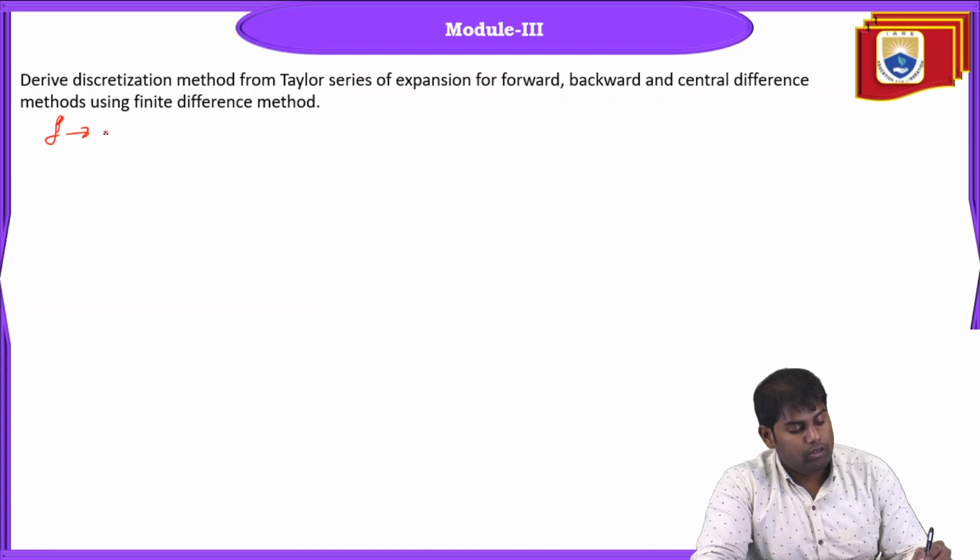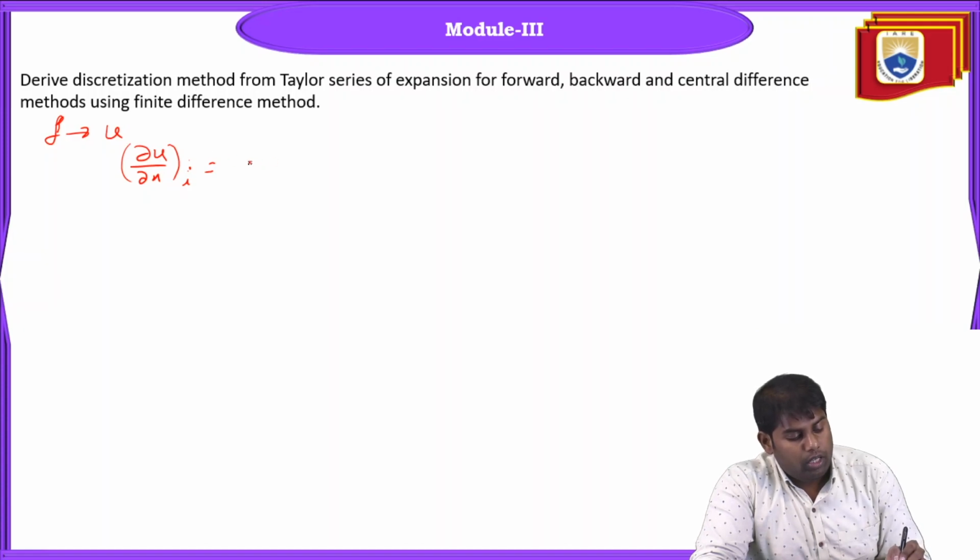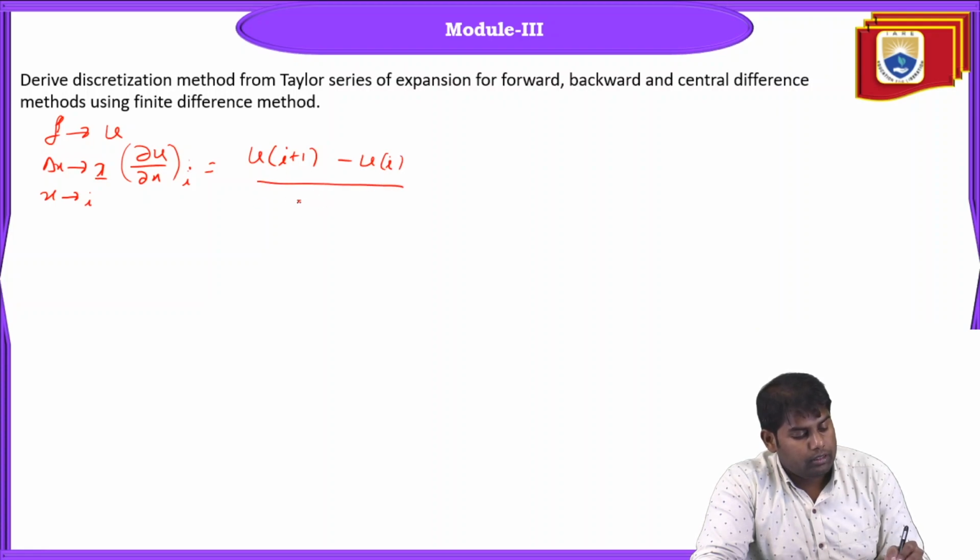Let us take f is equal to u. So ∂u/∂x at index i is equal to u of i plus 1, where we take Δx as 1 and x as i, minus u of i divided by Δx.